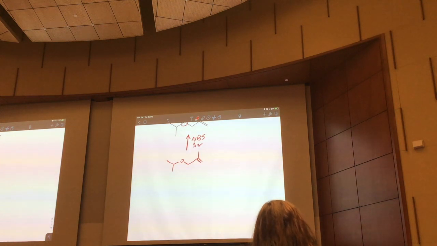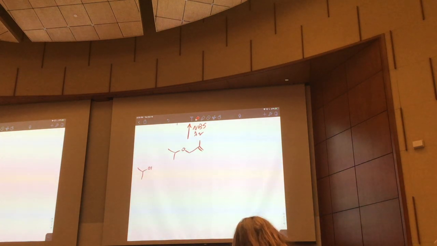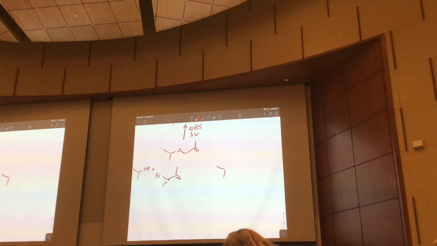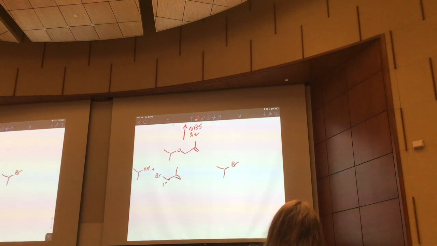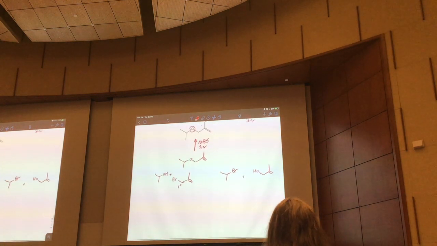So now we have the task of busting this in half. We have 2 options. We could try this, and that. Here our leaving group is on a primary substrate, and then here, both of those substitutions would make our product.